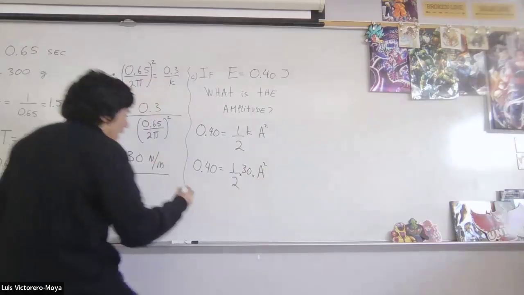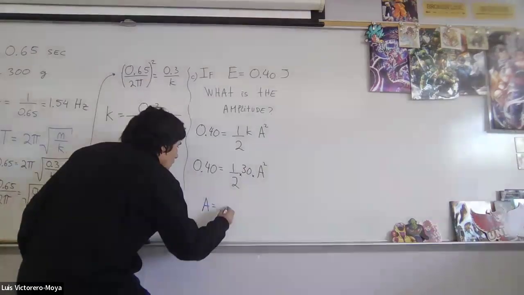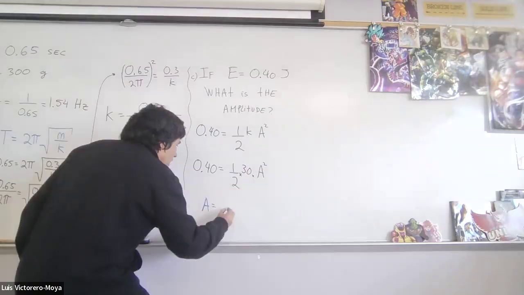So A is the square root of 0.80 over 30.